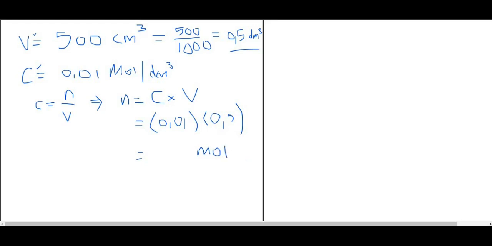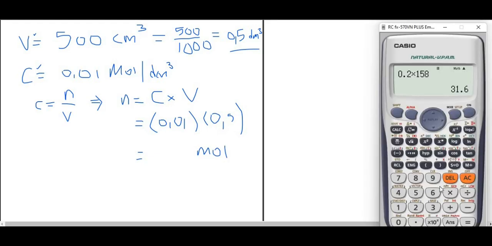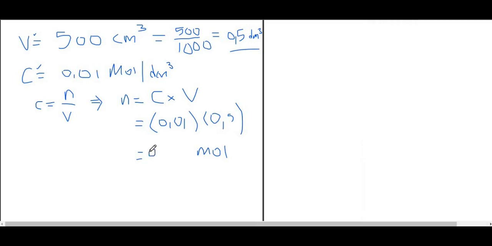Right? So let's do that. So 0.01 multiplied by 0.5. You see how much is that? And you find that it is 5 multiplied by 10 to the power of minus 3, or you can write it as 0.005, right?